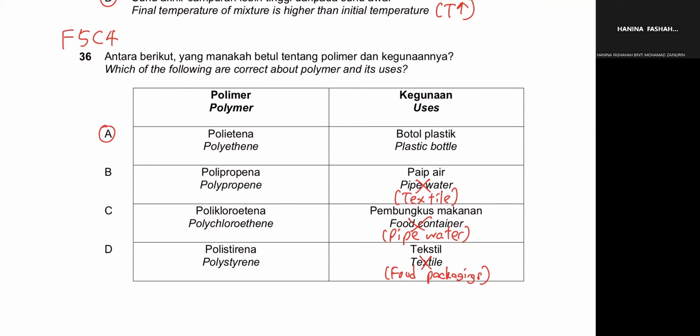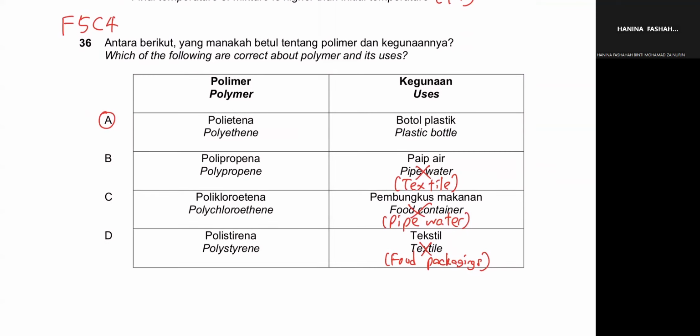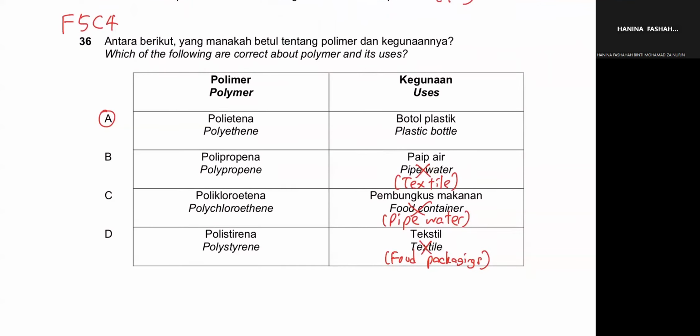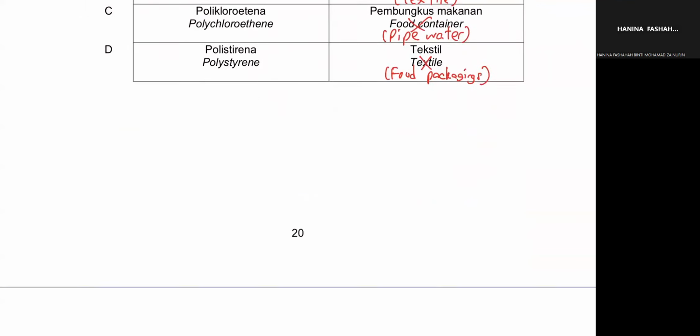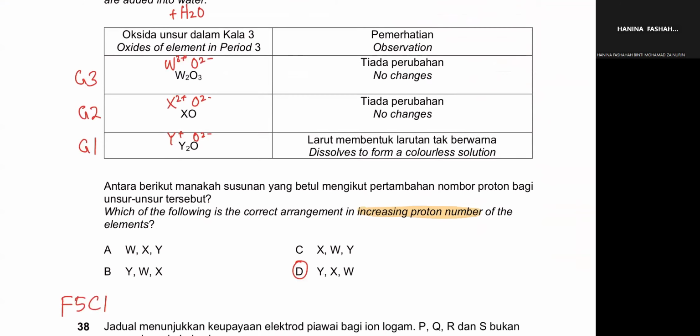Polymer uses: polyethylene, polypropylene. What are the uses? Polychloroethene is polyvinyl chloride, PVC pipe, normally used for water pipes, also used as electrical insulator. Polystyrene is food packaging. Question 37 is D.